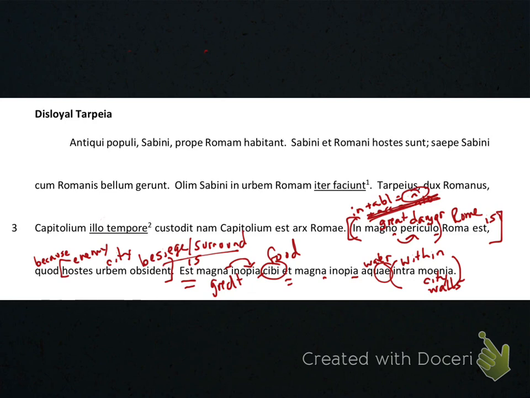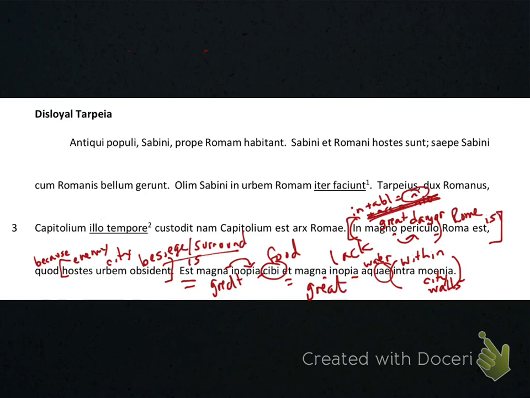And the magna inopia cibi and the magna inopia aquae is the something that we're talking about. So what is there inside or within the city walls? A great lack of food and a great lack of water. Remember that inopia means lack, and that magna means great.